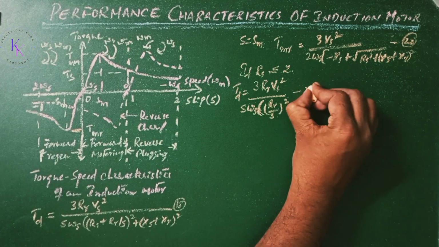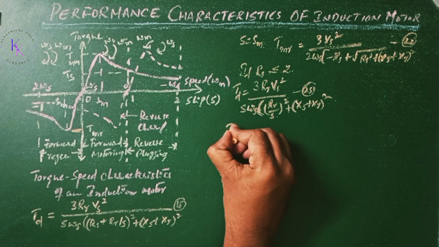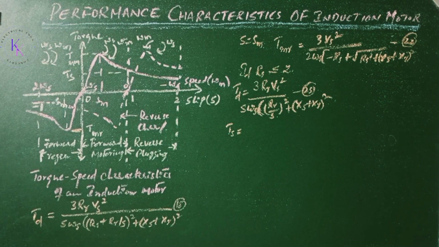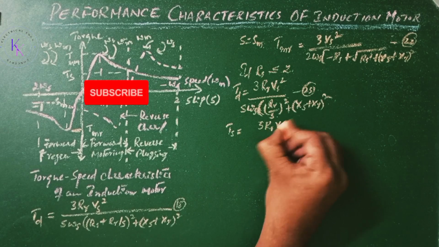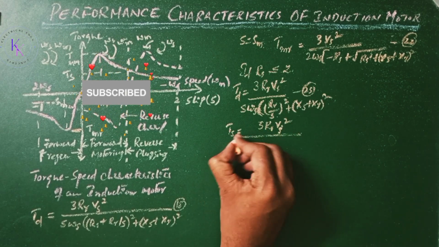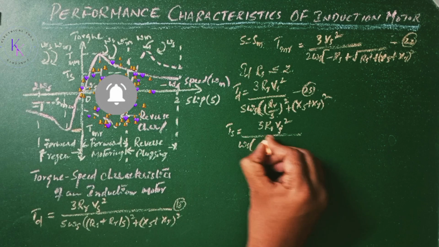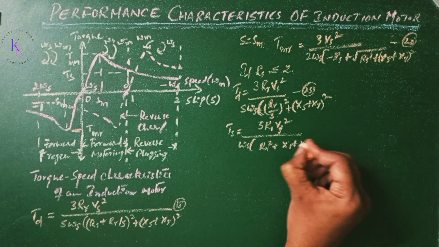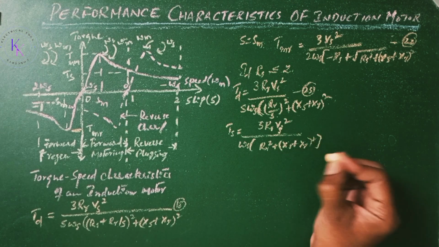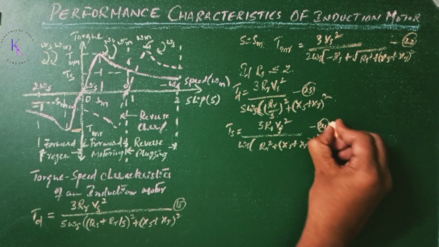Let it be equation number 23. Then Ts will become, from equation number 19, 3 Rr Vs square divided by omega s of Rr square plus (Xs plus Xr) whole square. Let it be equation number 24.